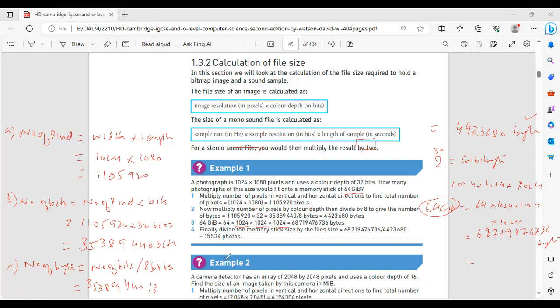Finally, divide the memory stick size by the file size. Your file size is this one: one file occupies this number of bytes.